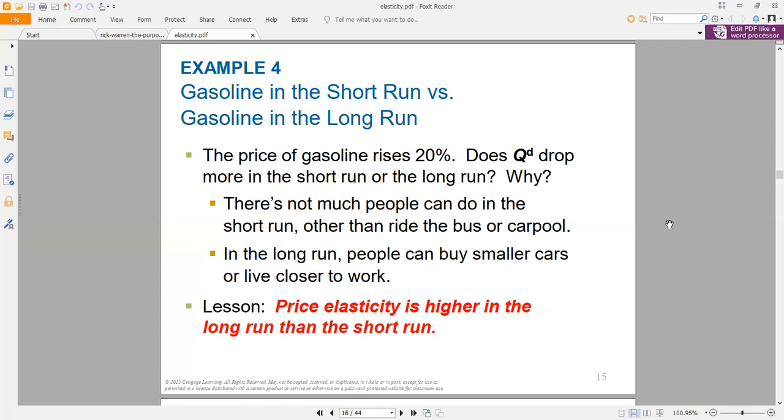In the short run, people cannot actually change their cars that use gasoline. In the short run, you wouldn't be able to actually respond to the change in price.